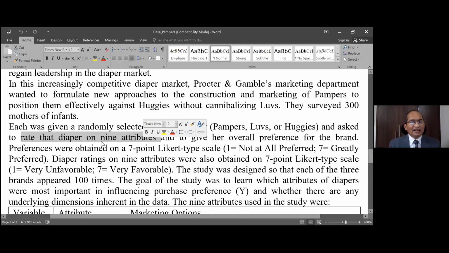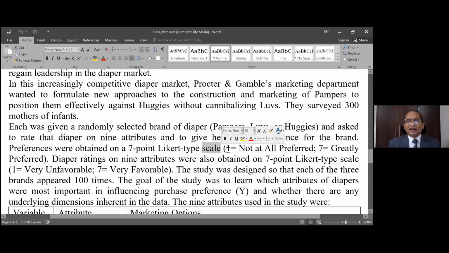One, there are 9 attributes that I will introduce later on. And on the other side, we have the overall preference of the brand. Further, preference was obtained on a 7-point Likert scale. The important word that I have mentioned is rate, and the second word is scale, right?